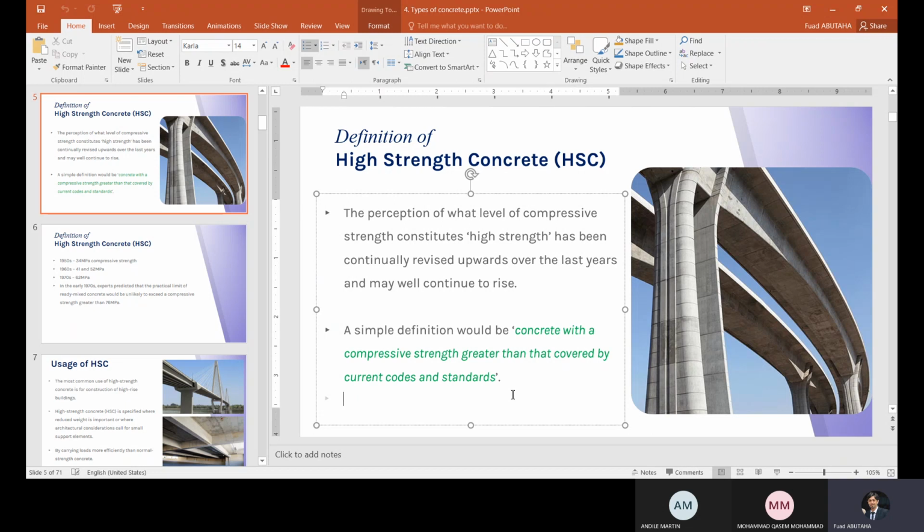So there is no specific method produced by the standard or code that simply says, if you apply this method and go through this calculation, you can design high strength concrete.